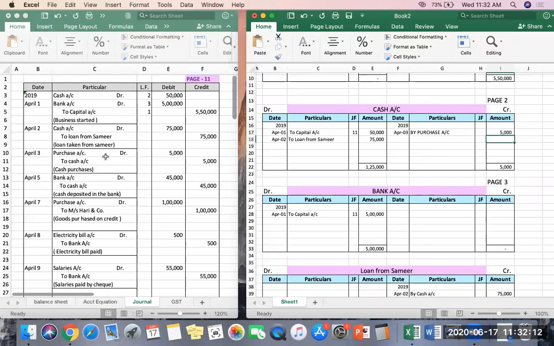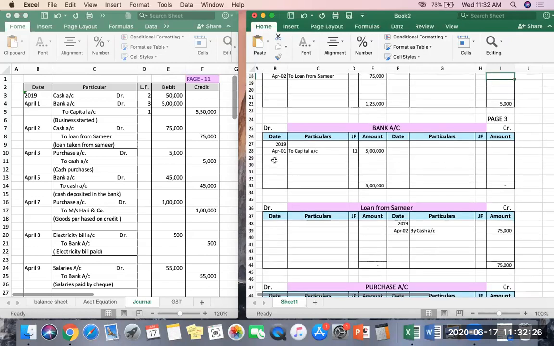So the third entry is done. Now coming to the fourth entry, on April 5th. If we pick up the bank account, it is written on the debit side, so the entry will come on the debit side.